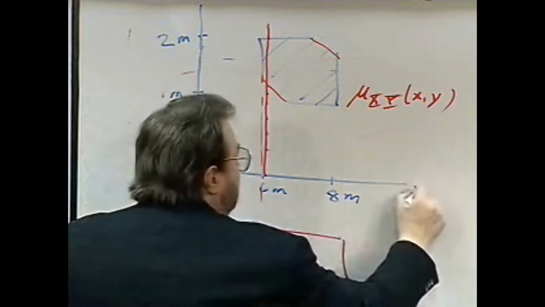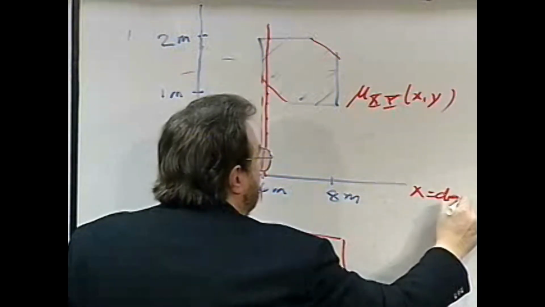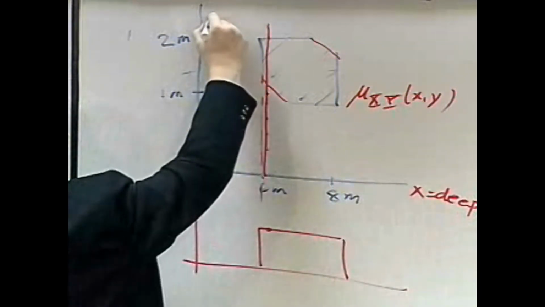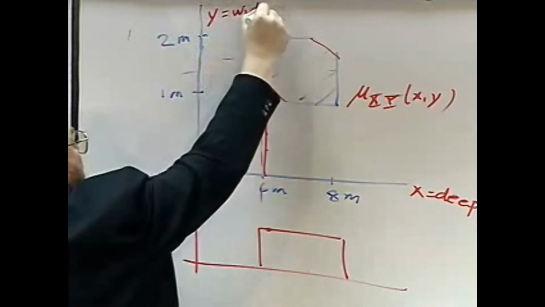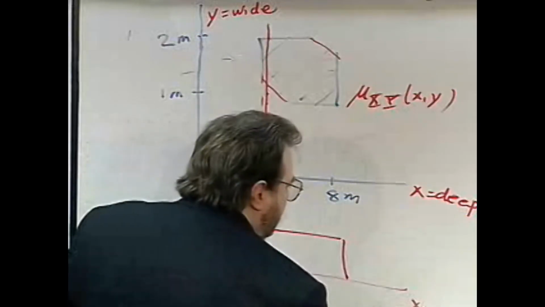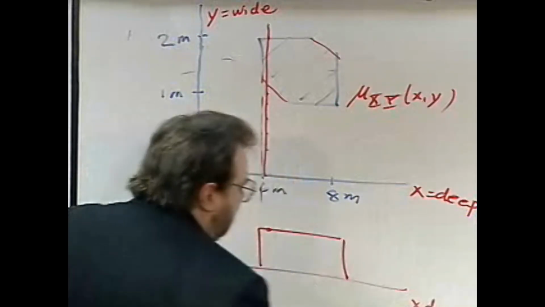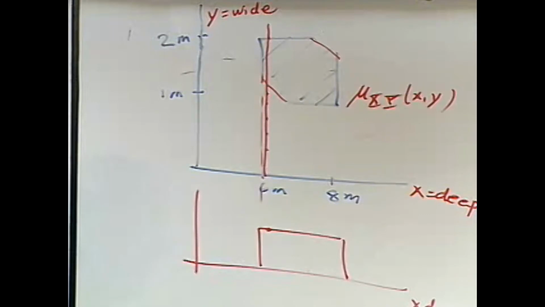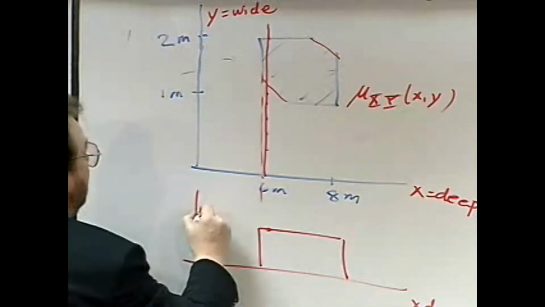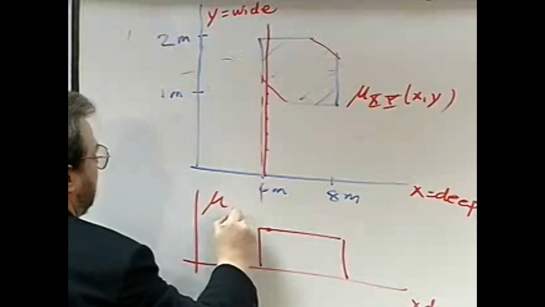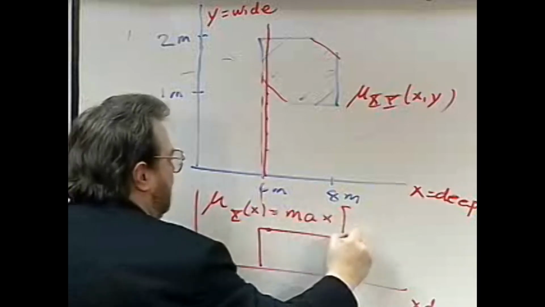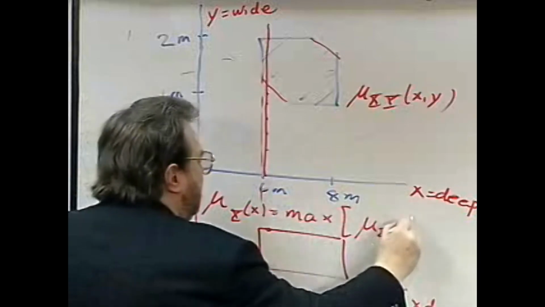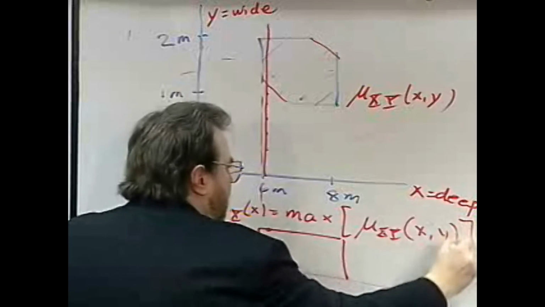This is deep, and w is wide. We just want the membership function for the deep, for this particular crisp set. And the membership function, we said, mu of x is equal to the maximum of mu xy of x and y over all values of y.